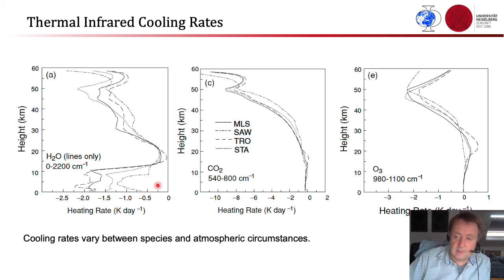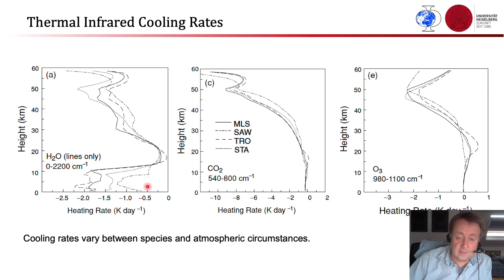So what we see is that the shape definitely changes going from water vapor to CO2 to ozone, but always we have negative values, which means a cooling. In the thermal infrared, the atmosphere is cooled, we lose energy. In the visible and shortwave infrared, we gain energy.